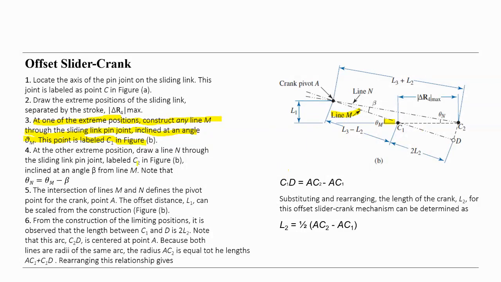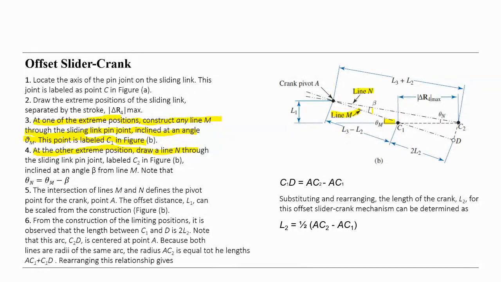And the fourth, at the other extreme position, this is C2, draw the line N. Line N is this one here, with the angle theta n.